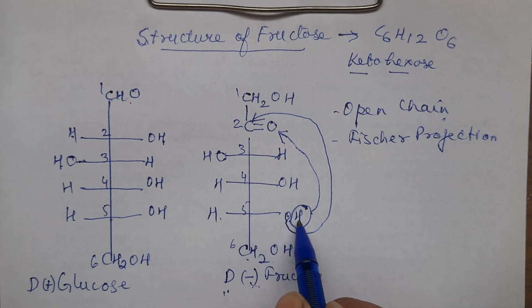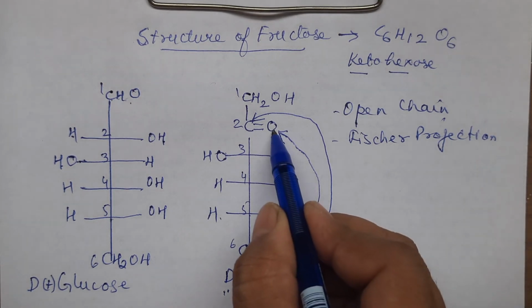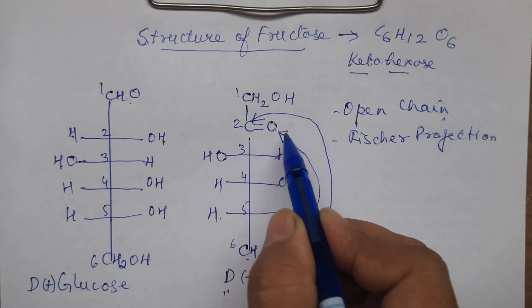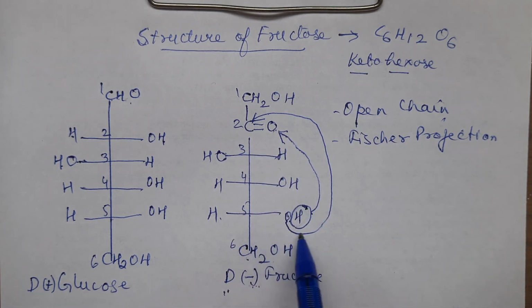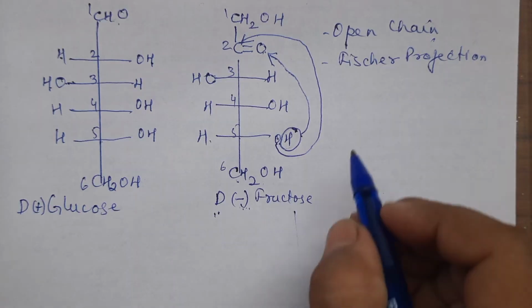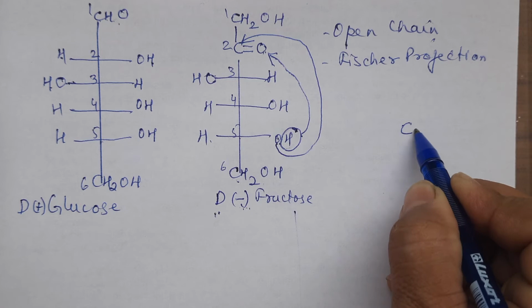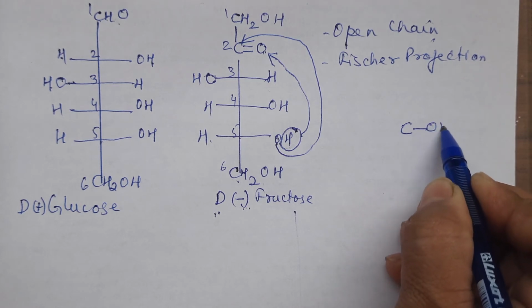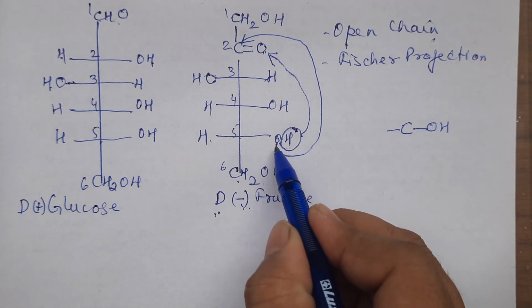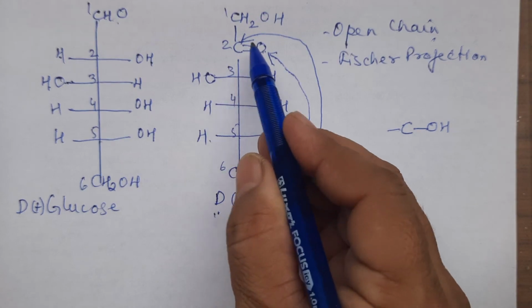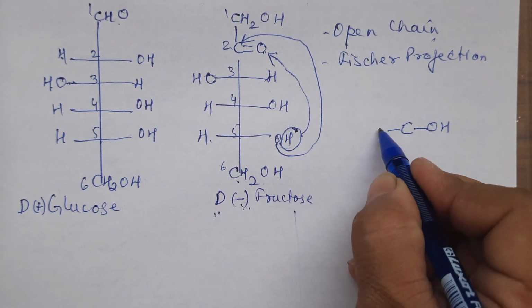On the fifth carbon atom H, I will take there on the second carbon atom, that will become OH, and O I will link to the second carbon atom from the top. I will draw the structure separately and explain it to you. I will draw here only so that you follow properly. C, OH on the right. So since this O I am linking to the second carbon atom, CH2OH I will not show there.